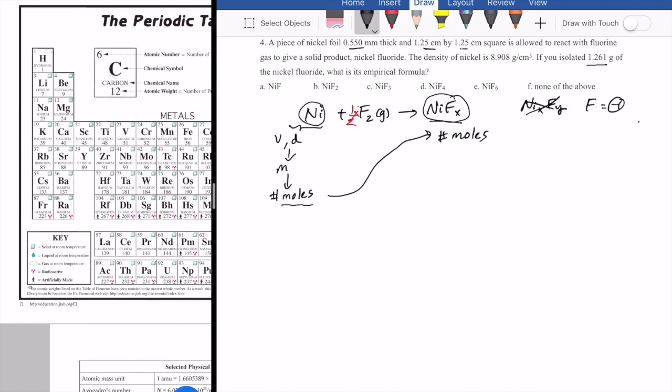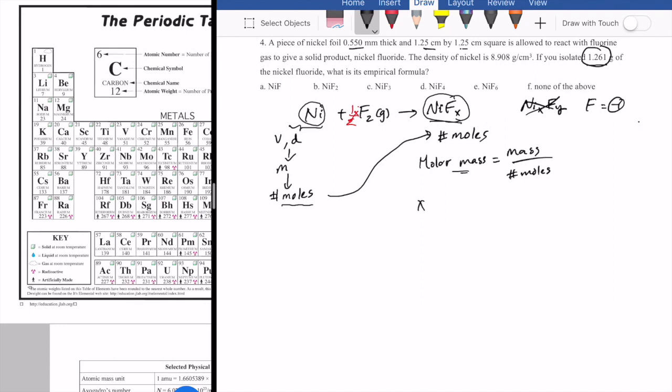Okay? So now, if you know the number of moles of the nickel fluoride, and you were given that there's this much mass of the nickel fluoride, then you can calculate the molar mass of the nickel fluoride, and that's just going to be mass over its number of moles. Once you have the molar mass, you can subtract out the nickel to find out how many fluorines you have, and then find x.